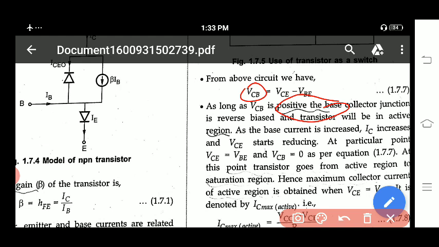But you are operating the transistor in saturation region. You want to operate the transistor as an on switch. And also base current is increased. As you are increasing base current, you know that collector to emitter voltage drop takes place. In that graph we have seen.